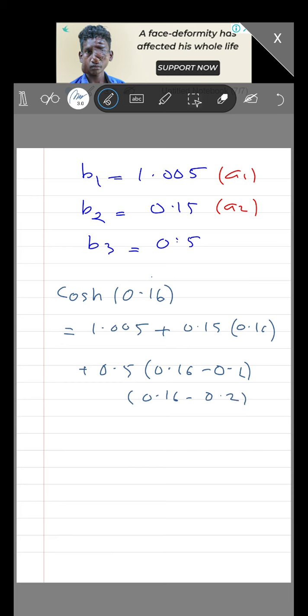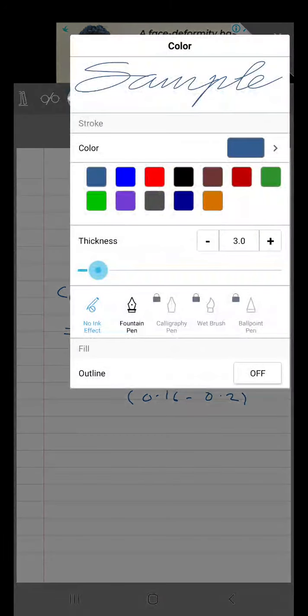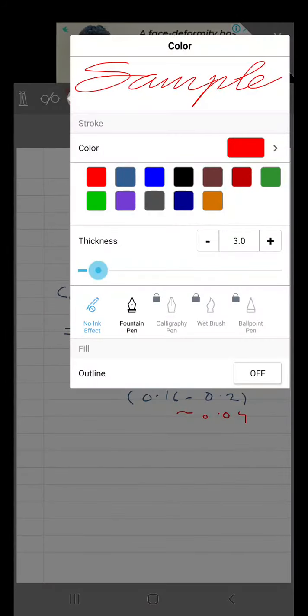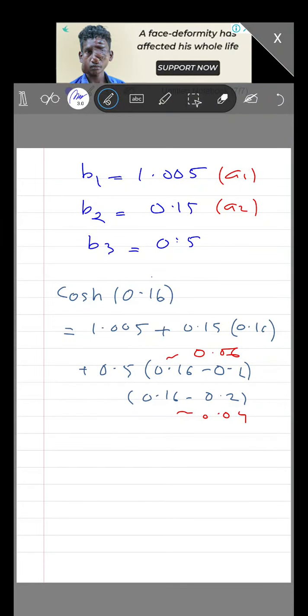So this is equal to 0.06, and this is equal to 0.04. So ultimately the value of cos h(x) turns out to be 1.0128, which is exactly the value.